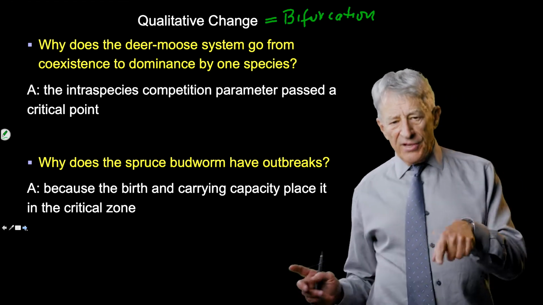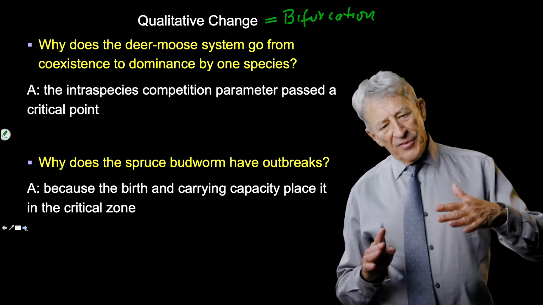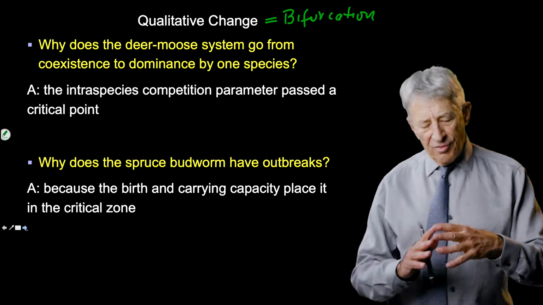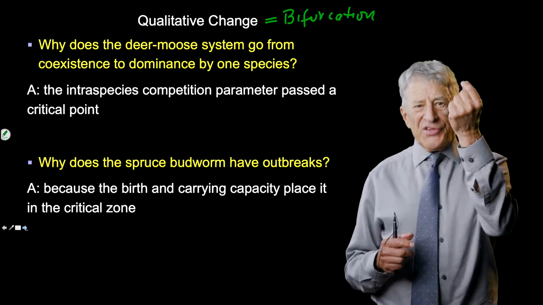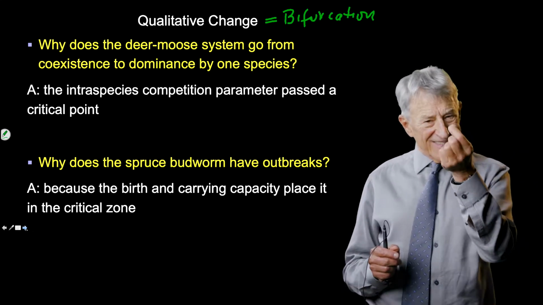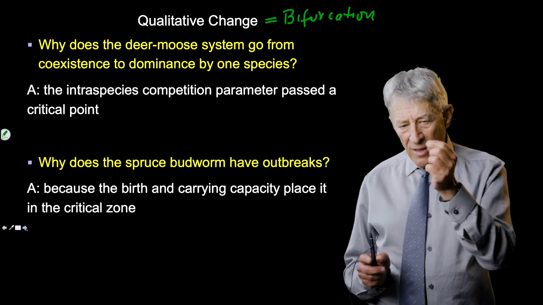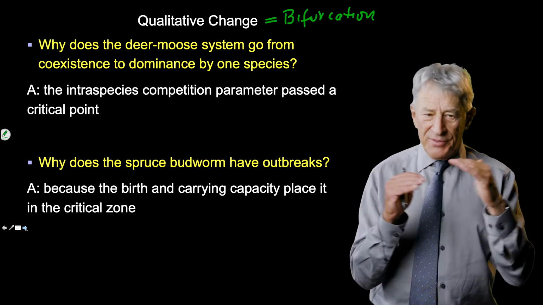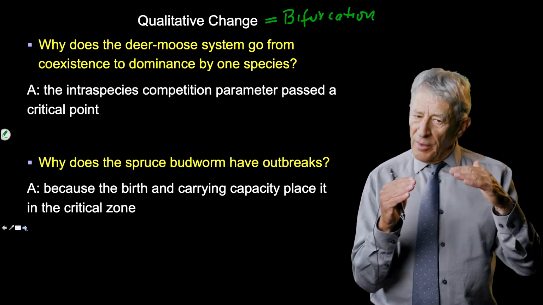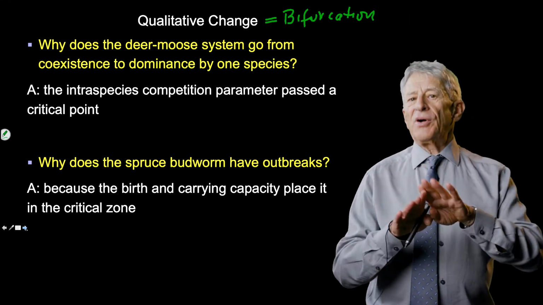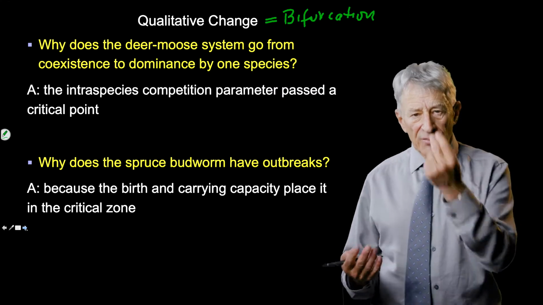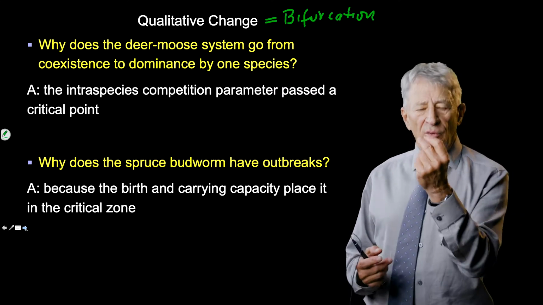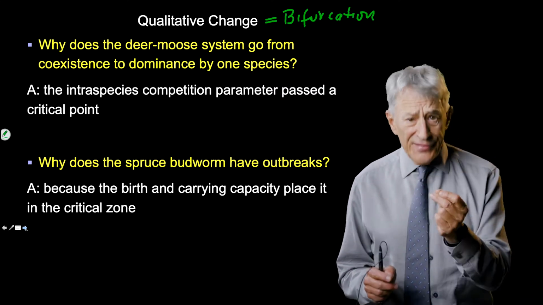You remember the deer-moose system? For the mild competition parameters, we had coexistence of the two species. That was a stable equilibrium. But if we just increased that interspecies competition term by a little bit, the system underwent a qualitative change. The coexistence equilibrium point is unstable.